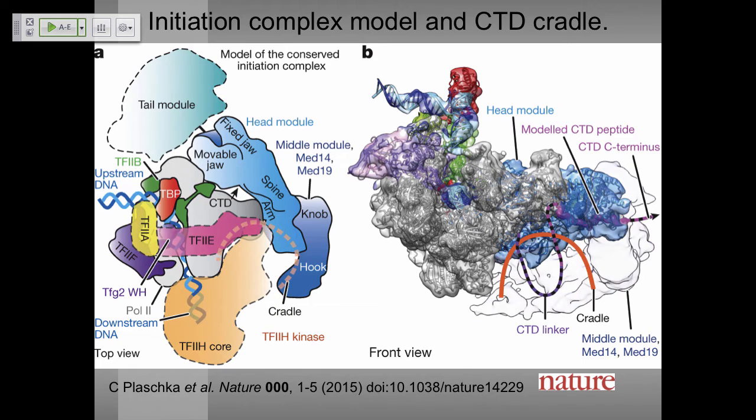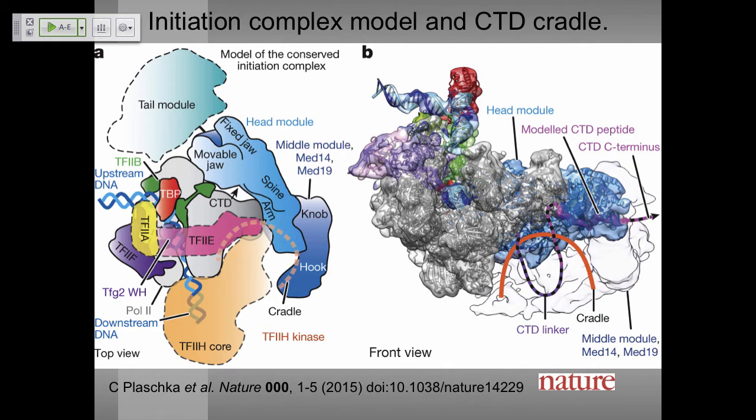Here is what it looks like. It's kind of a blob, but it shows that you've got TF2B, TBP, TF2E, TF2F, TF2H, the whole RNA polymerase, etc. This thing is humongous when it's sitting down on one particular promoter.